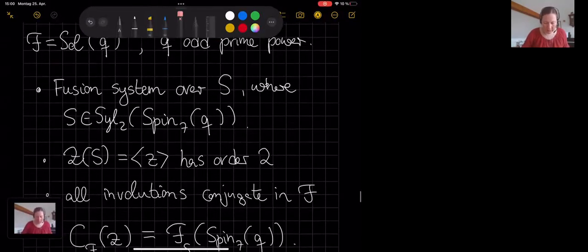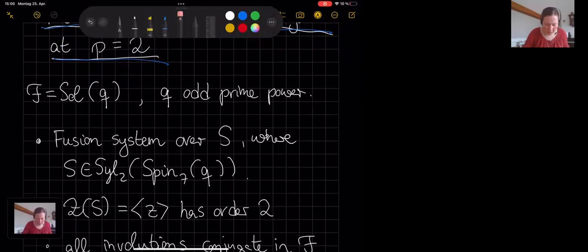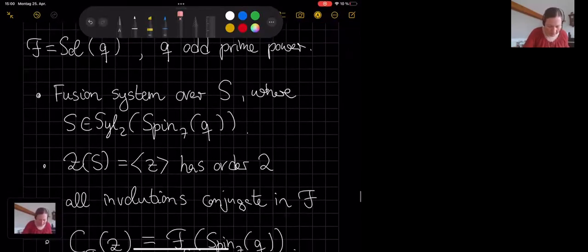So let me say a bit more about this fusion system Sol Q. How does it look like? So it is a fusion system over the Sylow subgroup S of Spin 7 of Q. And also Spin 7 of Q occurs as a subsystem.